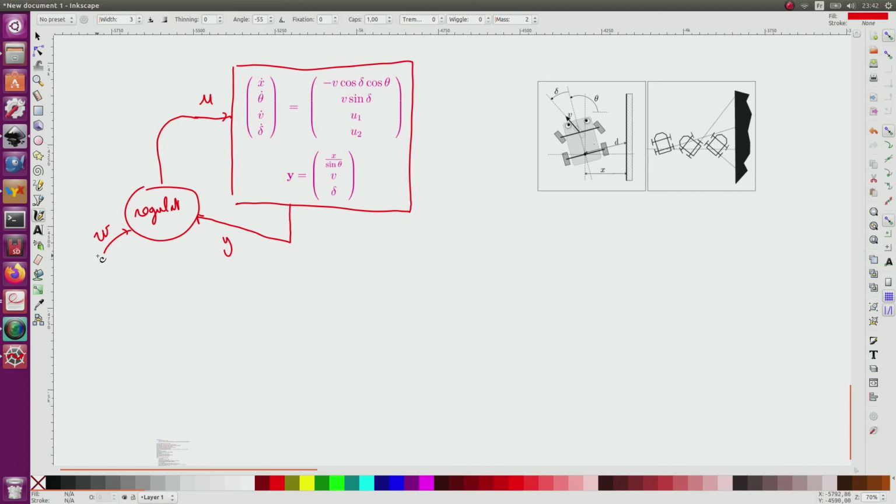Now about the operating point. I have chosen in the exercise x bar equal to 5, pi divided by 2, 7 and 0. This one corresponds to theta, this one corresponds to delta, this one corresponds to the speed, this one corresponds to the distance.